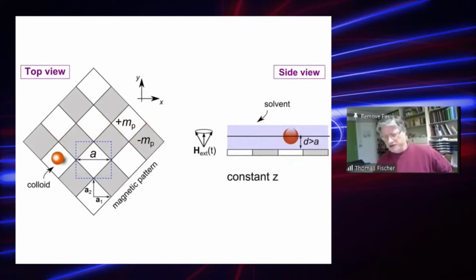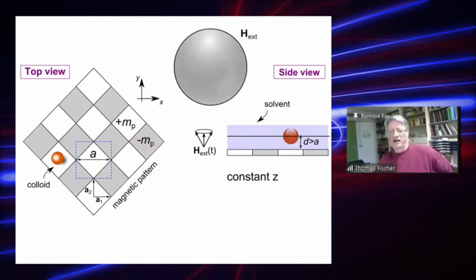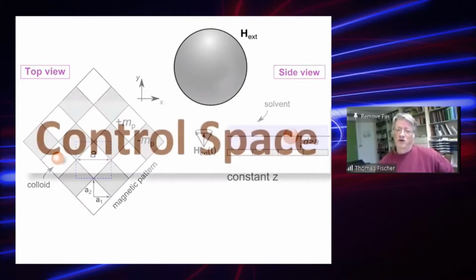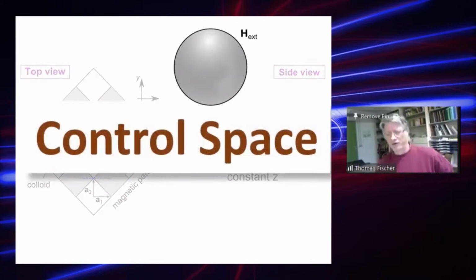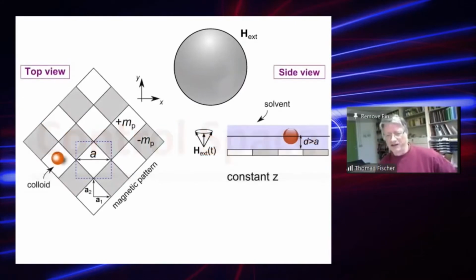We superpose an external magnetic field that is time-dependent. The field of the pattern is not time-dependent, and that causes spatiotemporal behavior. If we have the external field, we can change the direction of the external field, and this we call the control space. With the control space, we want to control the motion in action space.